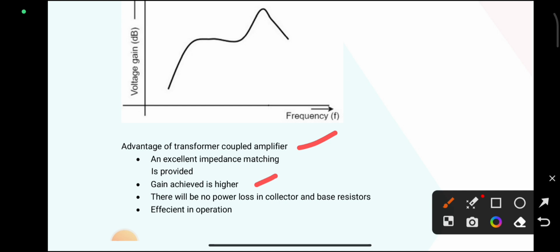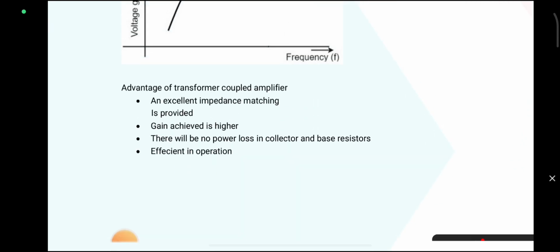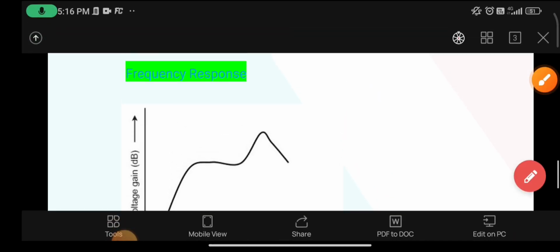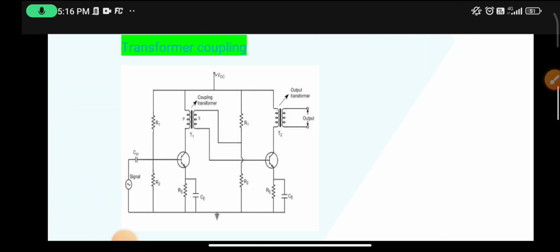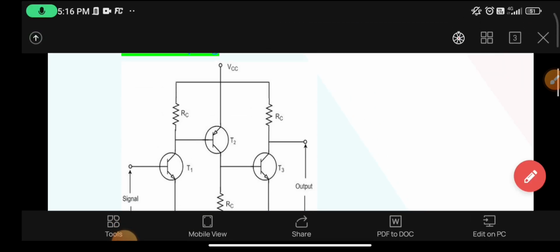This type of coupling, the transformer coupling amplifier, can be used in power amplification. So this is the use, and this is the working of the transformer coupling amplifier and also the direct coupling amplifier.